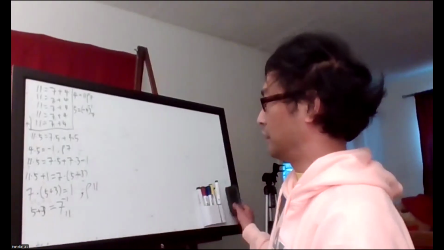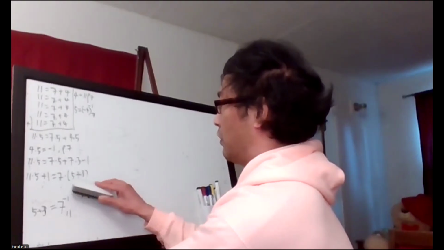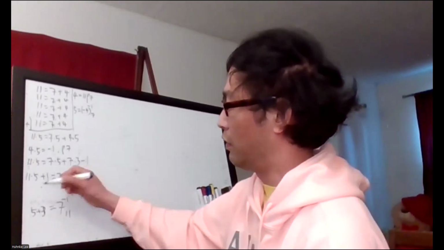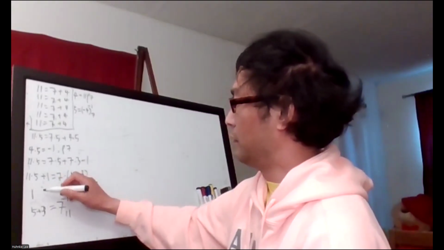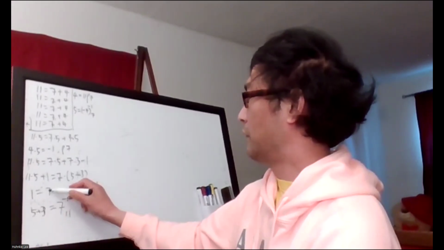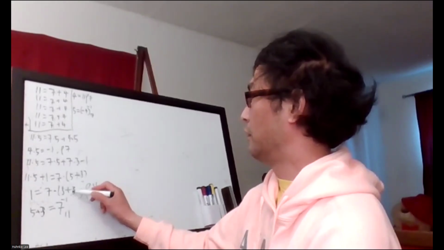So let's rewrite this. You switch the ordering so that it's not confusing. That's important. So 1 becomes 7 times 5 plus 3.